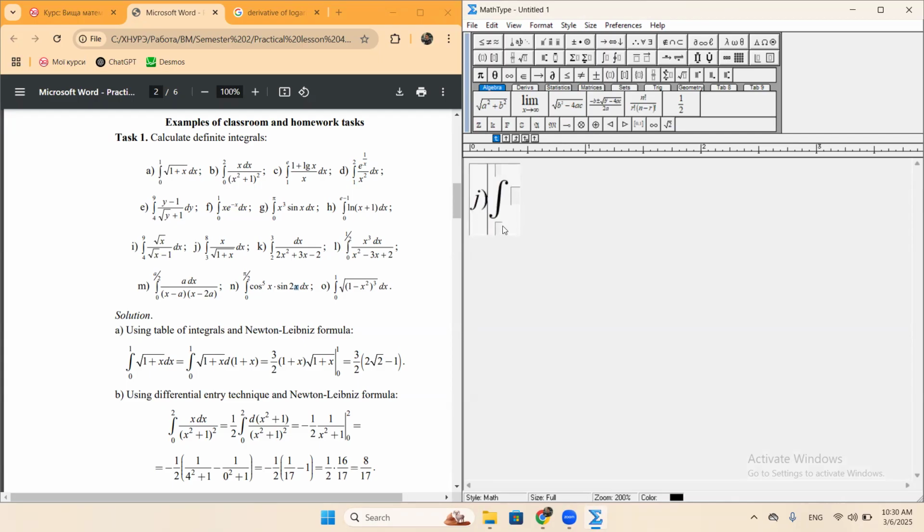So from 3 to 8, x over square root of 1 plus x dx.